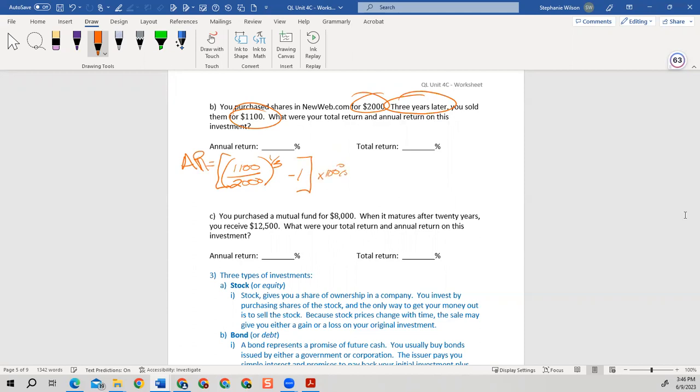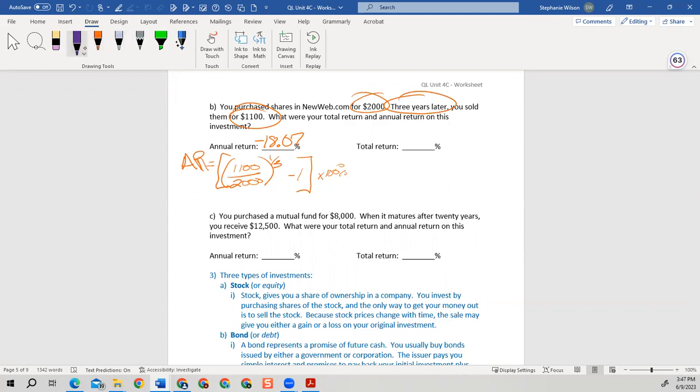So let's do that. A negative value here. And make sure I round to 2 decimal places. Got negative 18.07%. Negative's not good, right?